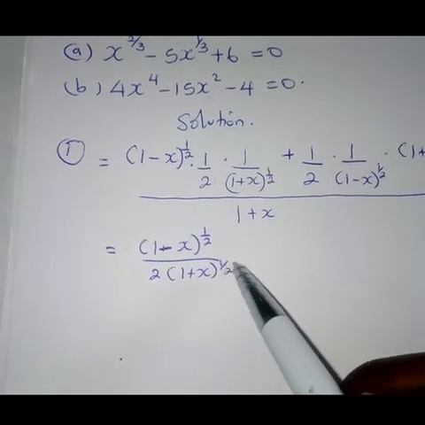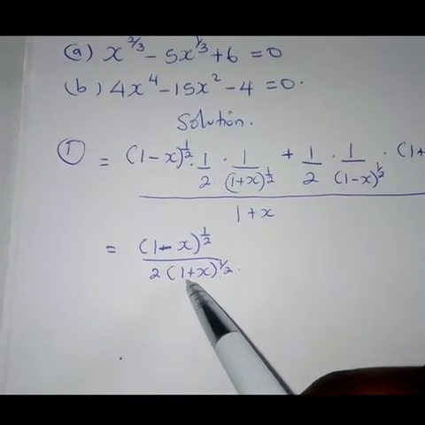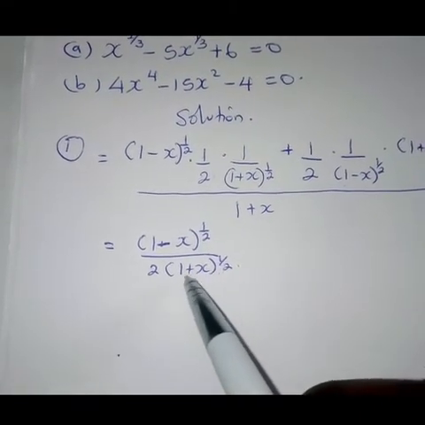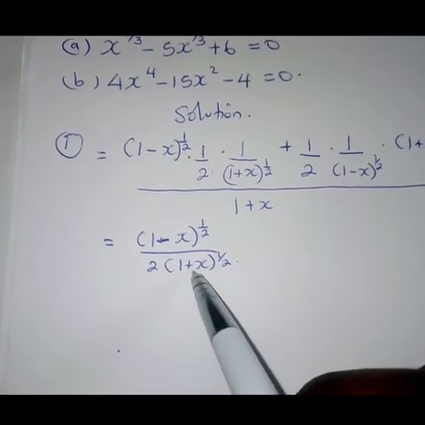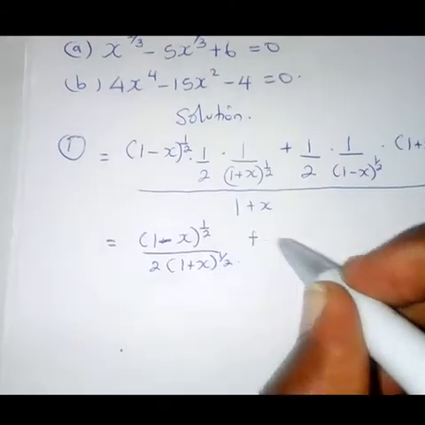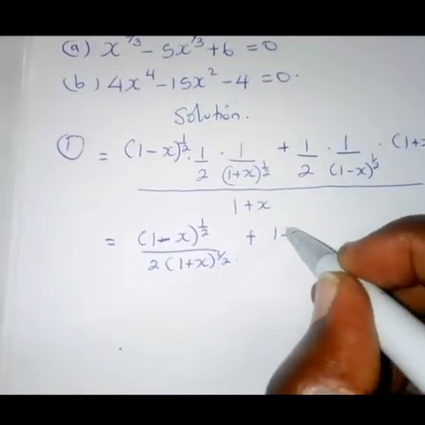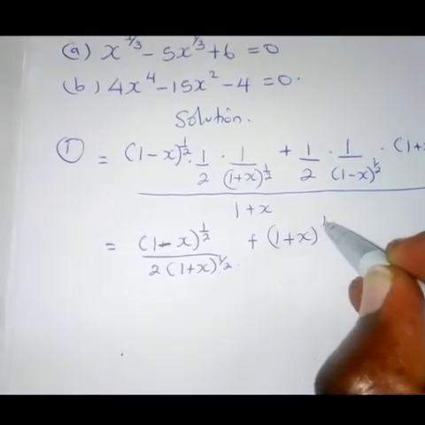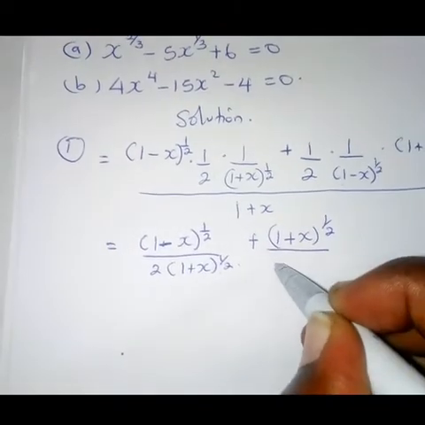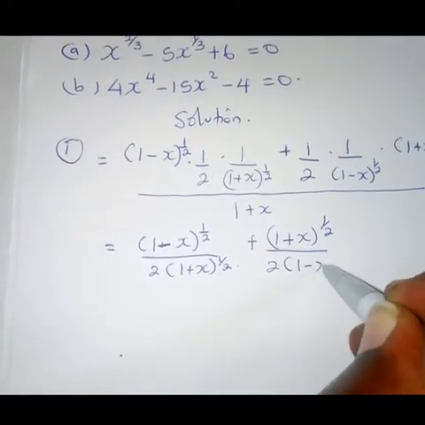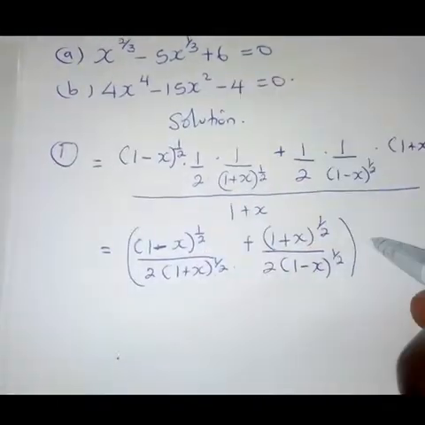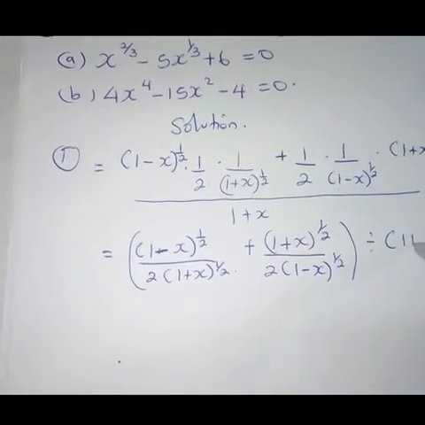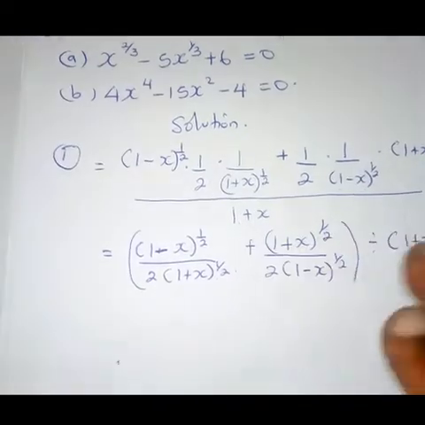But the moment the power is different from 1, then these two cannot enter. It will enter under few circumstances which I don't want to go into. So 2 will not enter. Plus, here we have 1 plus x to the power a half out of 2 into 1 minus x to the power a half. But remember, everything is divided by 1 plus x, this term here.